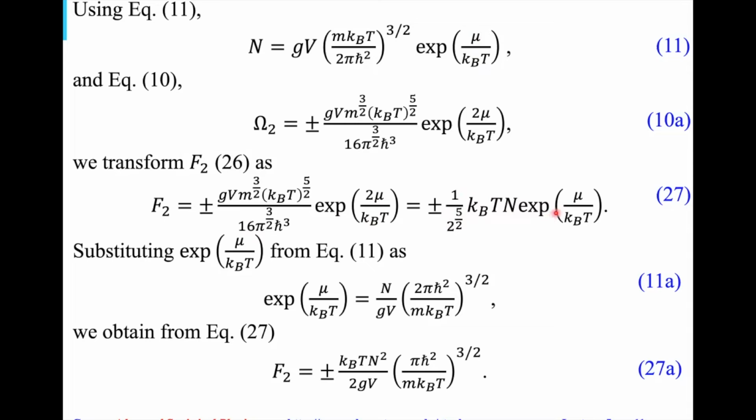Another exponential is left, and we'll substitute it directly from this equation. Again we'll have cancellations, 2 to the power of 3 half, to the power of 5 half. What is left in the denominator is 2 and this coefficient, kBT n. From this we get another n, so it will be n squared, and what is left is pi h squared n kBT to the power of 3 half. So this is the correction that we will be working with.